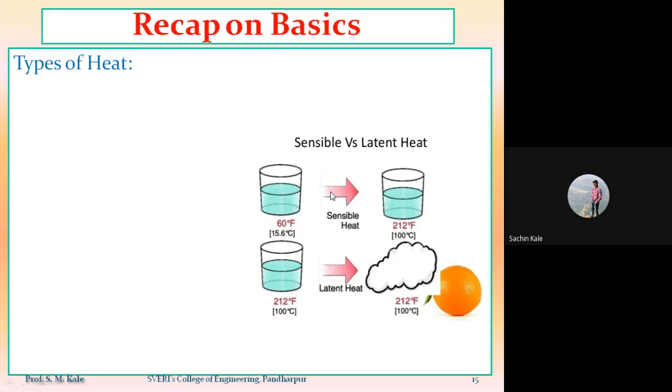Sensible heat is the amount of heat supplied or removed from a substance to change its temperature without changing its phase. Here the phase stays the same, only the temperature changes. That amount of heat is called sensible heat.